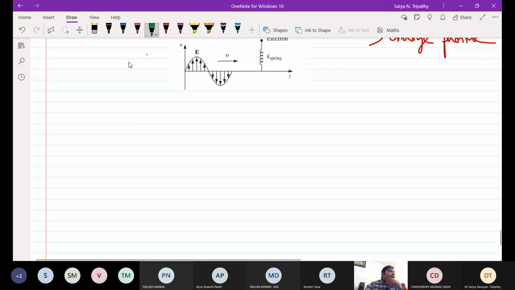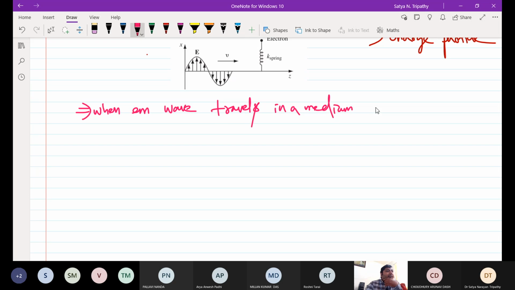So in conclusion, when an EM wave travels in a medium, the electron vibrates. Is it clear up to this point? Yes, sir.